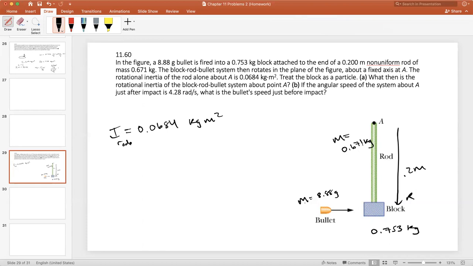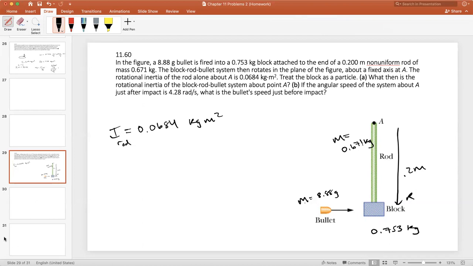That is our first question. Our second question is, if the angular speed of the system about A just after the impact is 4.28 radians per second, what is the bullet speed just before impact? We'll figure that out in a minute.